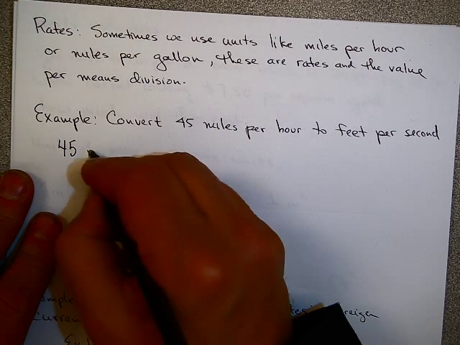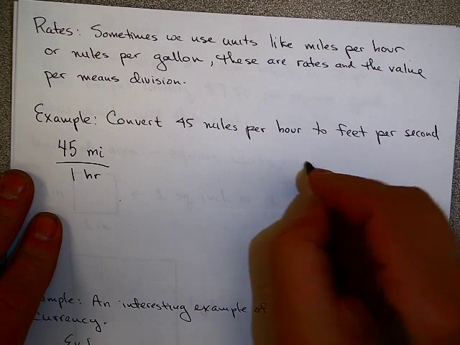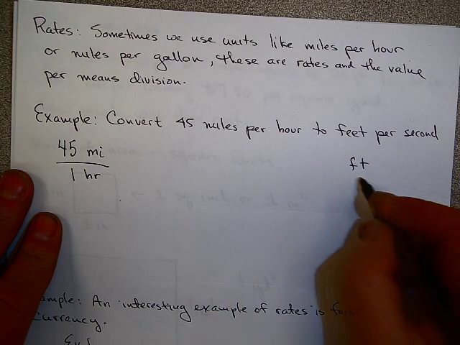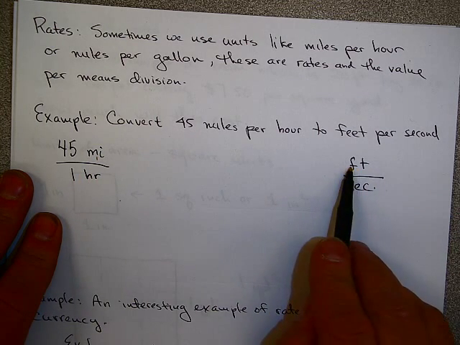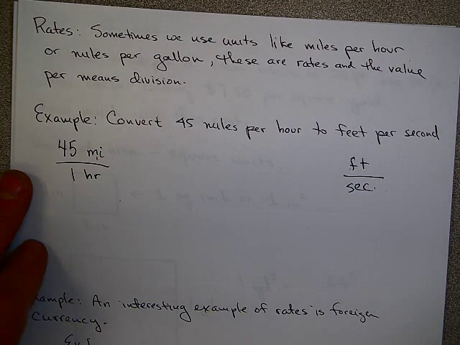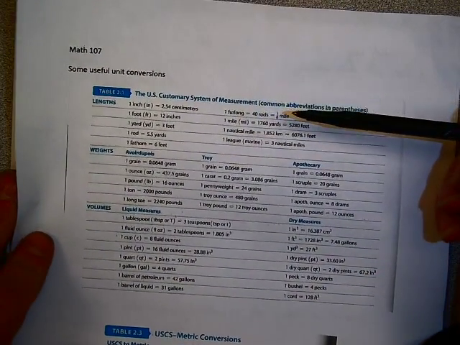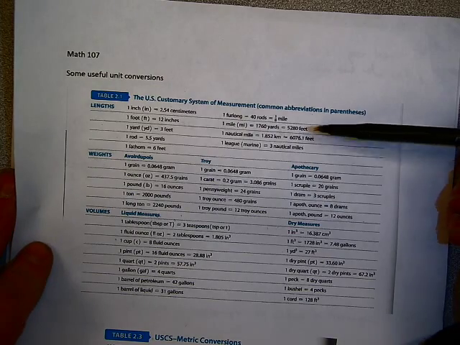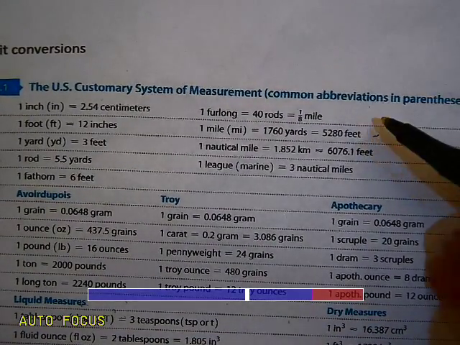So 45 miles in 1 hour, and I want to convert to feet per second. So you notice I need to get rid of miles and turn into feet. So I'm going to go to my conversion factors again, and I'm going to look and see if I have that. And I do have a conversion factor up here. Again, I'll zoom in for you. 1 mile equals 5,280 feet.